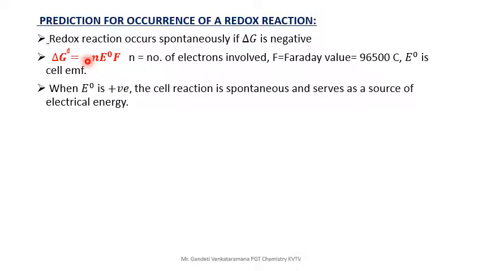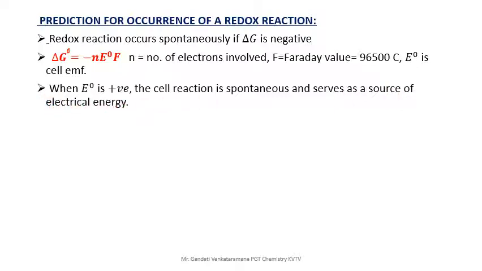So E naught should be positive. Remember, that's why the electrode potential E naught should be positive only. Then only we will get delta G negative. So when E naught is positive, the cell reaction is spontaneous and serves as a source of electrical energy.